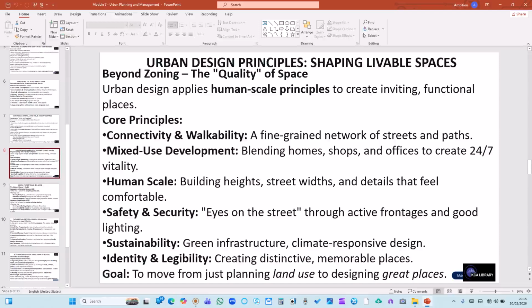There should be green infrastructure and climate-responsive design. Then number six, the last, there should be identity and legibility, which entails creating distinctive and memorable places. Therefore, a particular urban area must have an identity and legibility. The key goal is to move from just planning land use to designing great places.